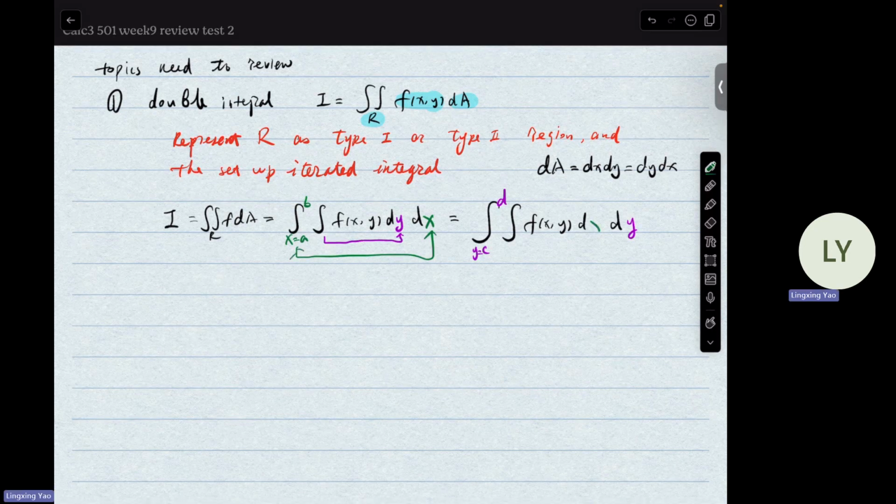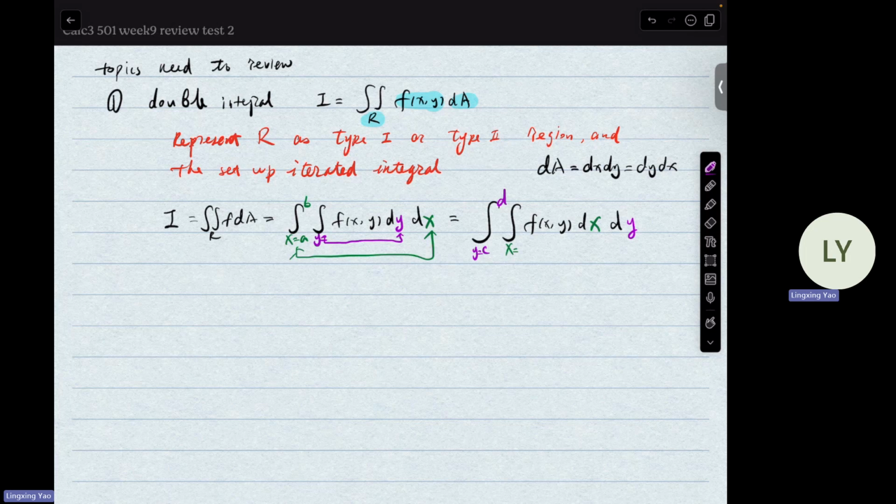Okay, and for the type 2 region, we're integrating about the x variable first. So here let's focus on the type 1 region. And when we integrate the interior integral first, we have to do the integral for y from some value to another one.